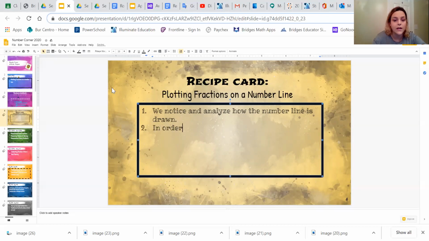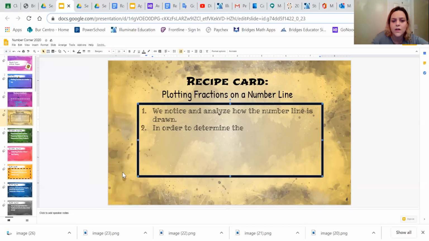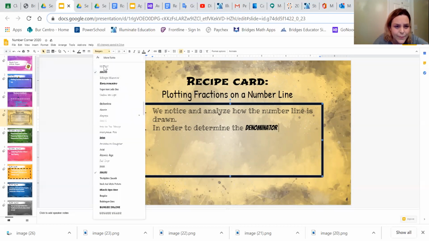Number 2, in order to determine, and I'm going to change the font so you can really see that juicy, juicy word. In order to determine the denominator, remember that's the number on the bottom.